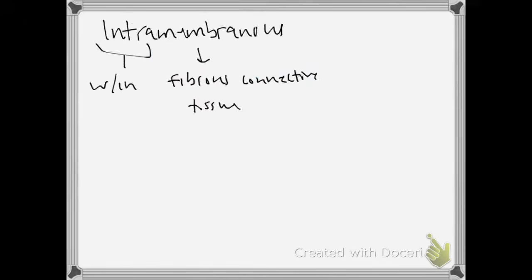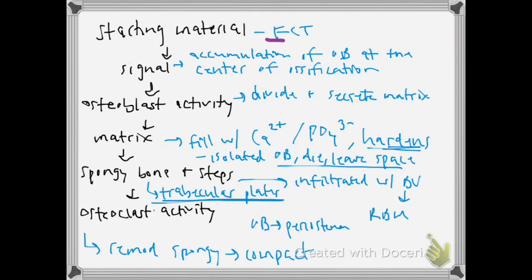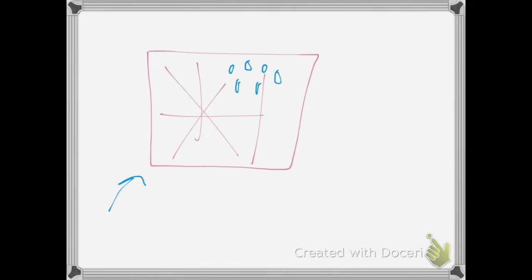So the steps we've gone through so far, we have our starting material, this fibrous connective tissue. We have our signal, which leads to this accumulation of osteoblasts. And then we're going to divide and secrete matrix. So instead of dividing, I'll just say secretion of matrix for now. So here's our matrix being secreted. And then we'll eventually isolate. We'll say we'll isolate this top one I'm going around right now.